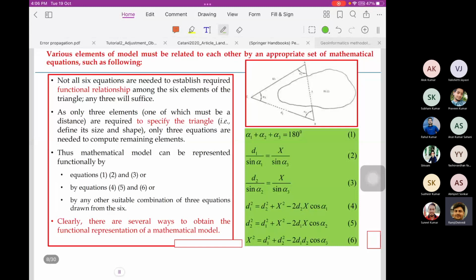So various elements of model must be related to each other by an appropriate set of mathematical equations, and we are writing the 6 equations.